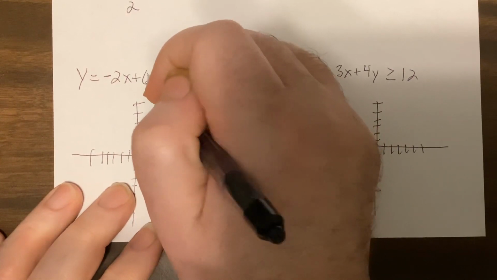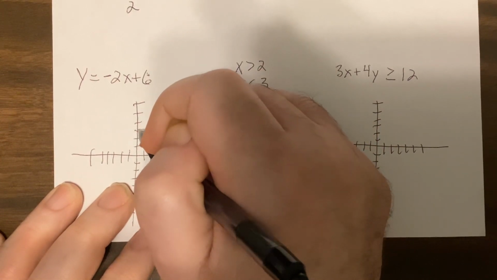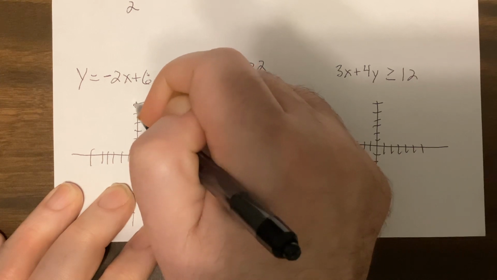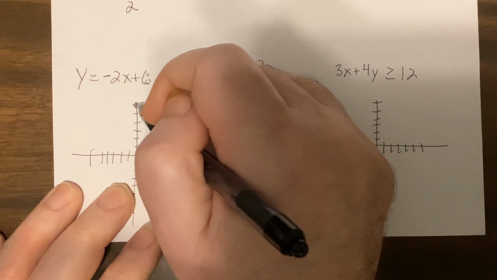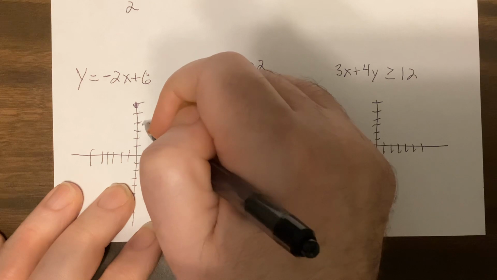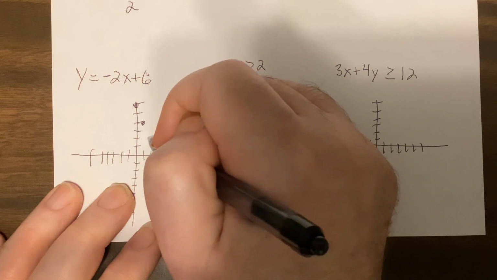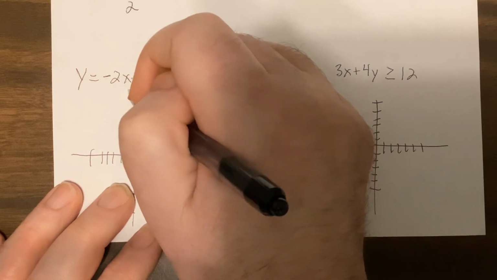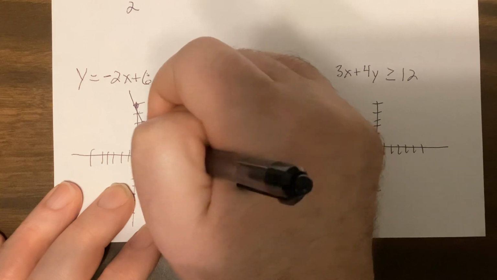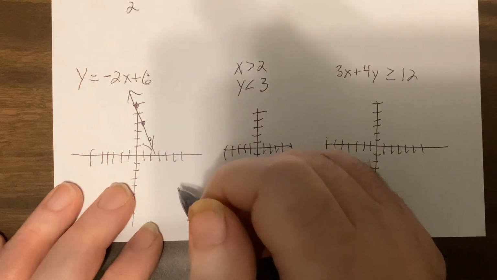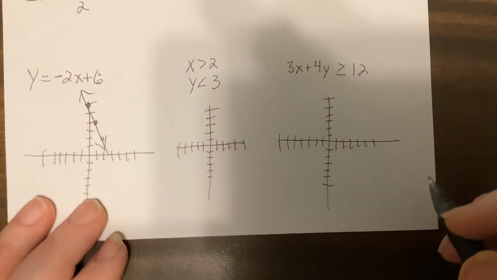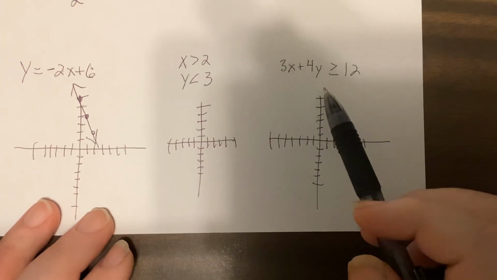So, the y-intercept is 6. 1, 2, 3, 4, 5, 6. Slope is negative 2, so it's down 2, right 1, down 2, right 1. So it'd be solid and no shading.